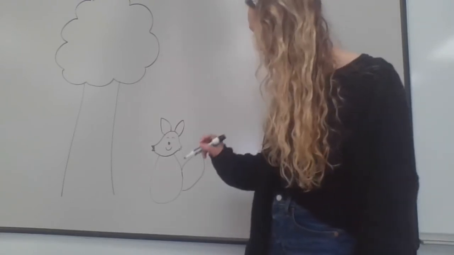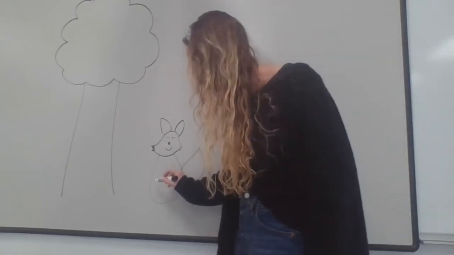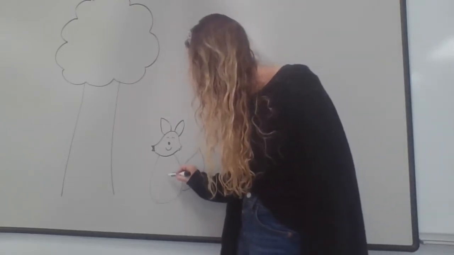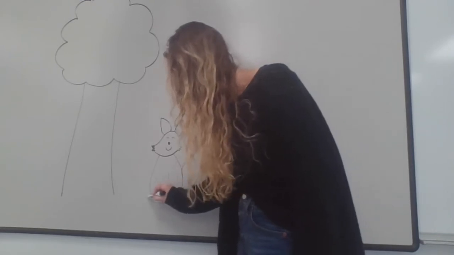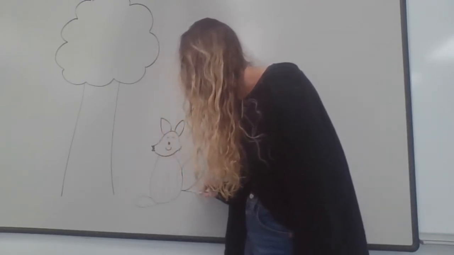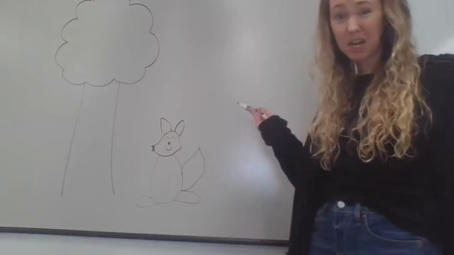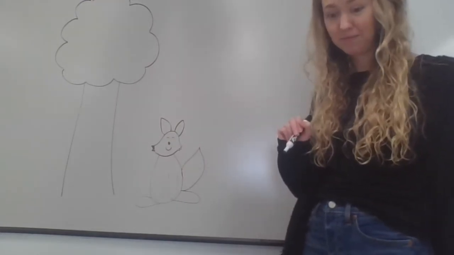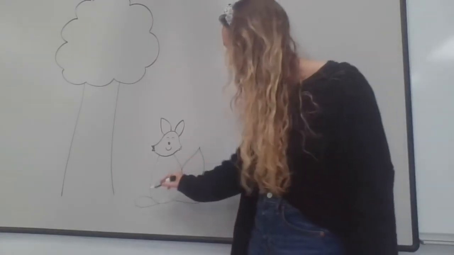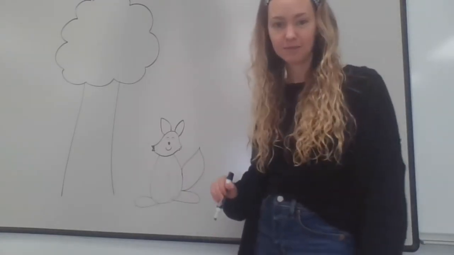Good job. Okay, now we can give him some little details like arms, maybe some feet. And friends, remember, if yours doesn't look exactly like mine and you want to make it your own style, that's totally fine. Go ahead and finish drawing the arms and the feet on your fox.